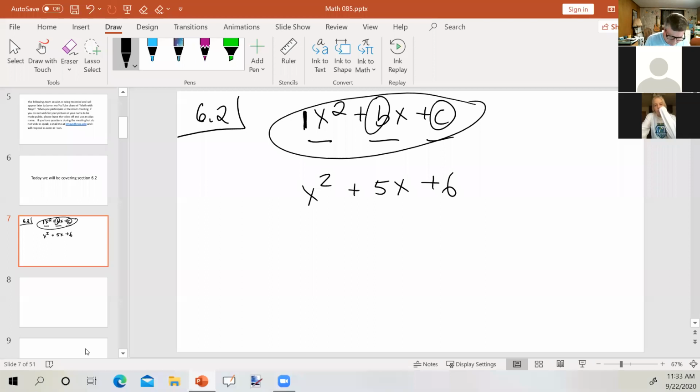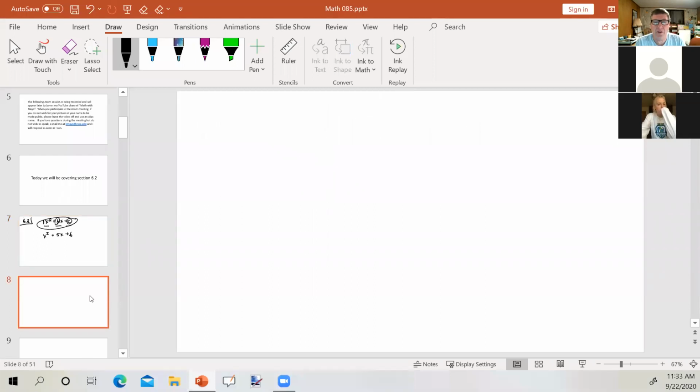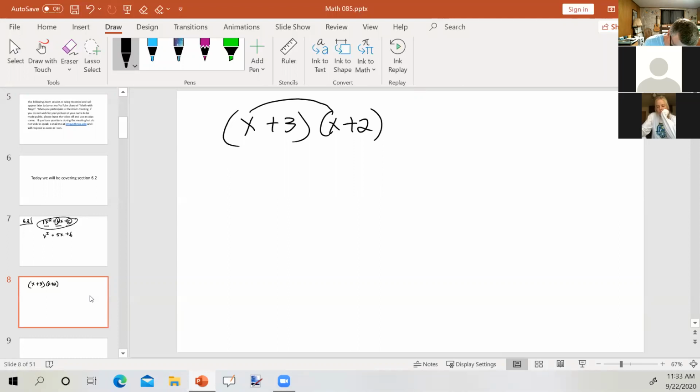All right. Now, what I want to do is go back to chapter 5 of the textbook, not literally, but in chapter 5, we learned about foiling or multiplying two binomials together. Let's say we had something like x plus 3 times x plus 2. To multiply those two binomials together, we would take x times x and get x squared, and then x times 2 and get 2x.